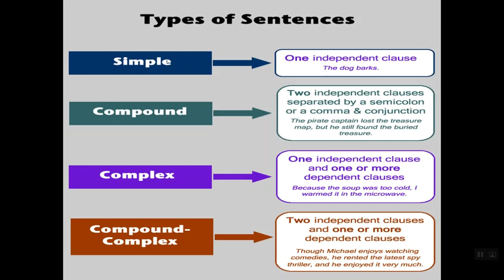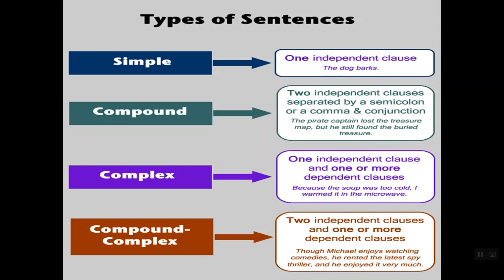So we have one dependent and the other one is independent. So it is a complex sentence, right? So one independent clause and one or more dependent clauses. It can be one dependent clause or two or three and so on.